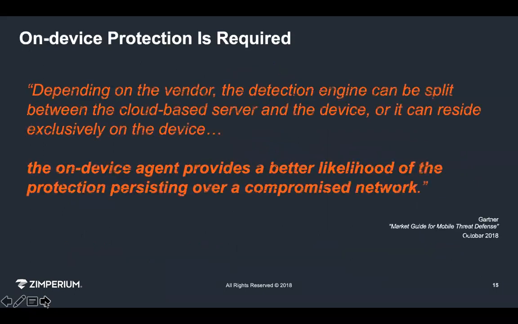Well, as I mentioned, we knew from the very beginning that was the approach. So Zimperium, from the very beginning, has always said you need to do all of your detection on device. You cannot rely on going to a cloud-based detection service, because 9 times out of 10, the hacker owns the network. And if the hacker owns the network, the first thing he's going to do is cut off any access to a cloud-based detection service.